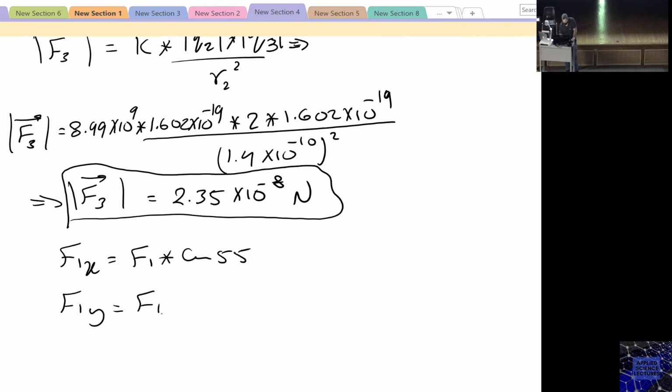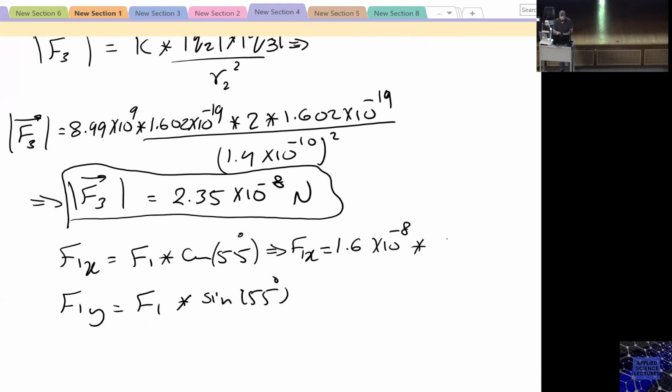F1y is F1 times sine 55. So F1x is 1.6 times 10 to the power minus 8 times cosine 55, which is 0.57.